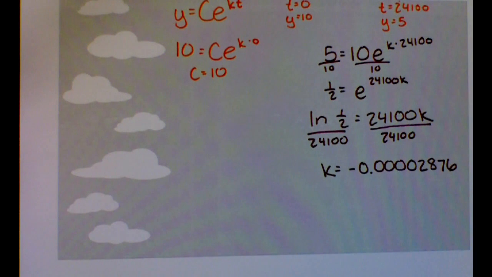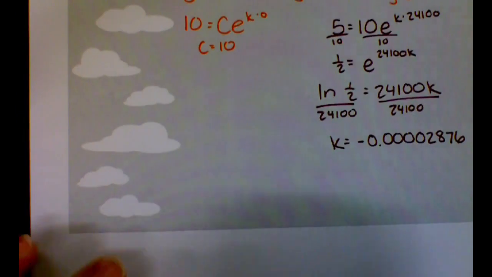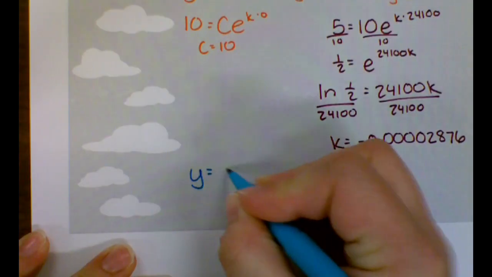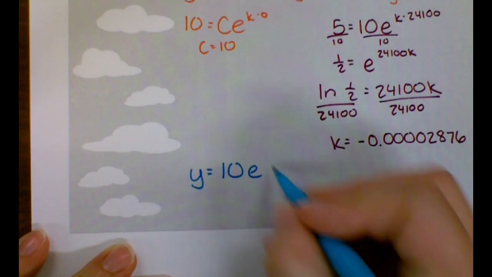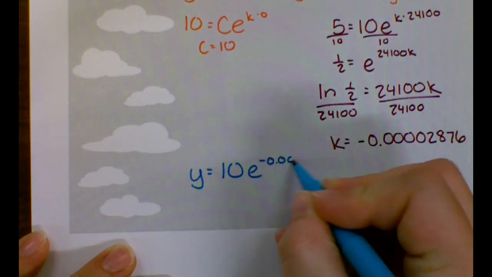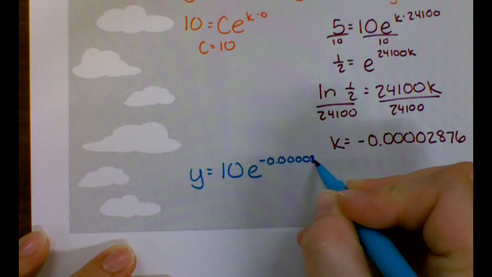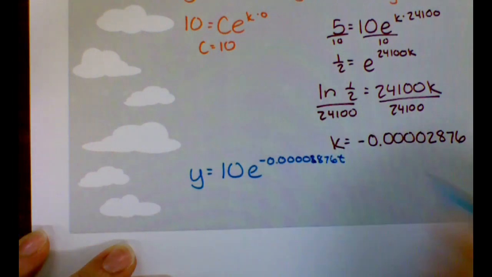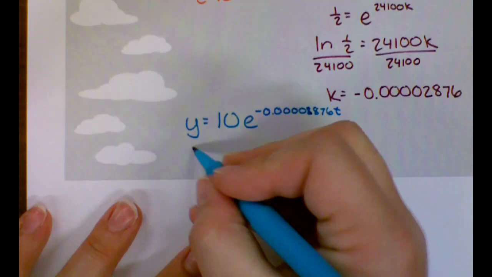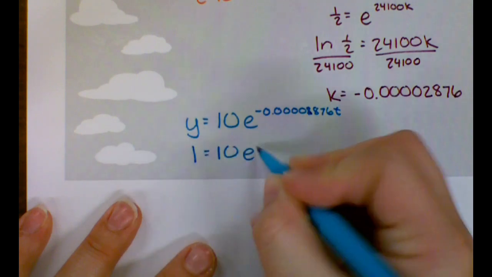And then we want to find how long it'll take to decay to 1 gram. So we know y equals 10e to the negative 2876t. There we go. I want to know how long it takes for y to be 1.